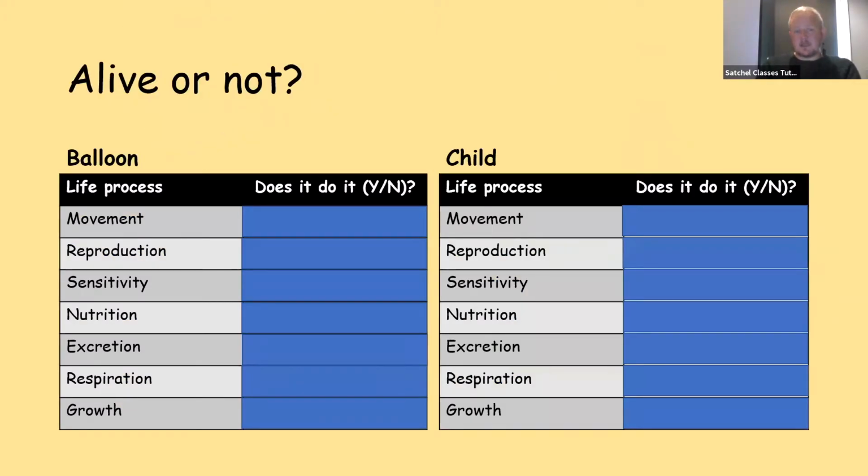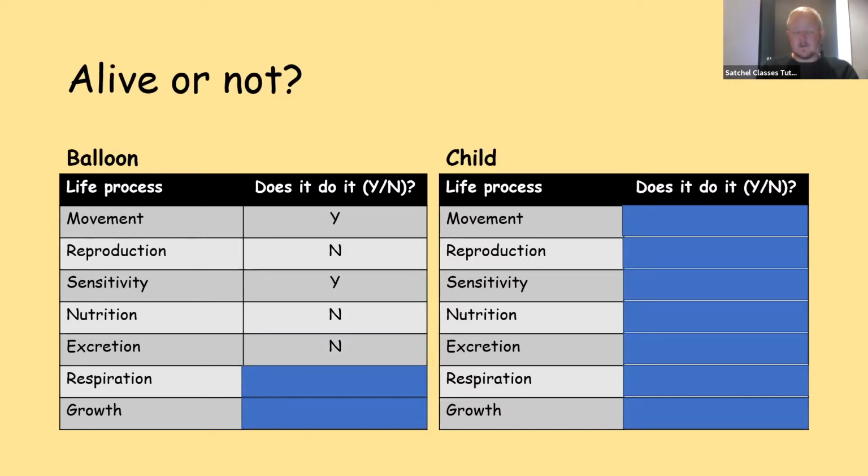If we take a look at the life processes for each thing, a balloon: movement, does it do it? Yes, it does. Reproduction, does it do it? No, it doesn't. Sensitivity, yes, it is. Nutrition, no, it doesn't. Excretion, no, it doesn't. Respiration, no, it doesn't. Growth, it doesn't really grow.